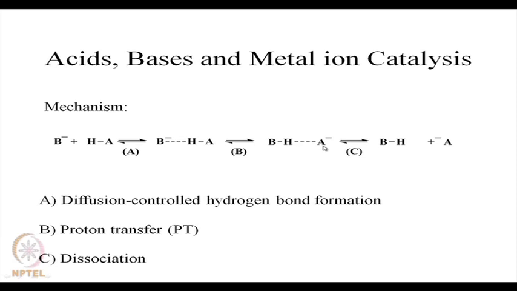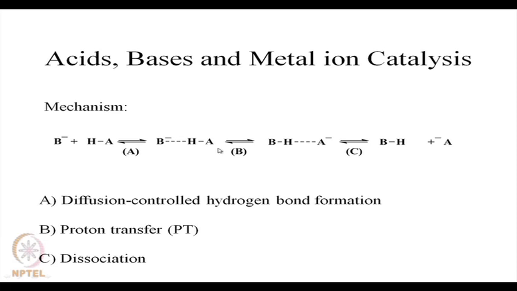that is dissociation of the original HA bond. Now, diffusion controlled means that the formation of this BHA complex requires the interacting substrates to come close to each other, and this occurs by the process of diffusion inside the solvent.